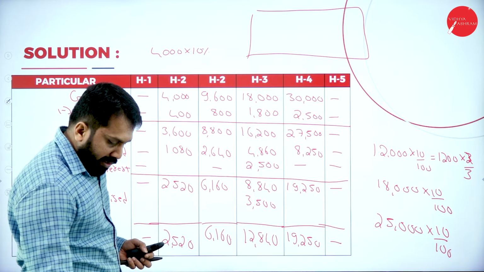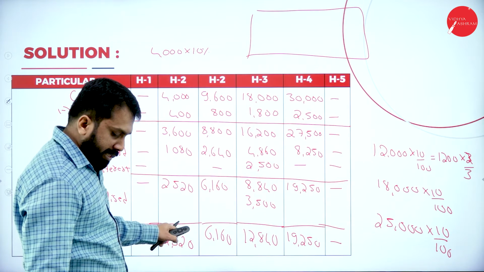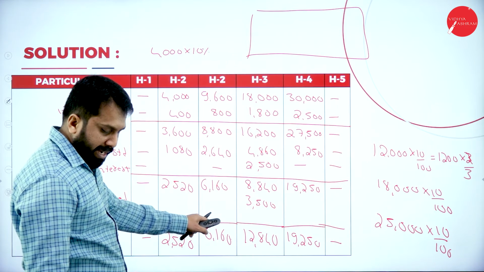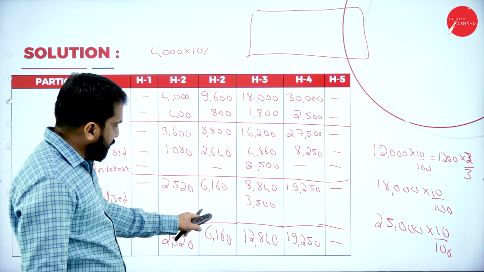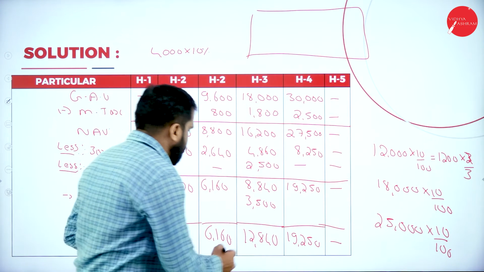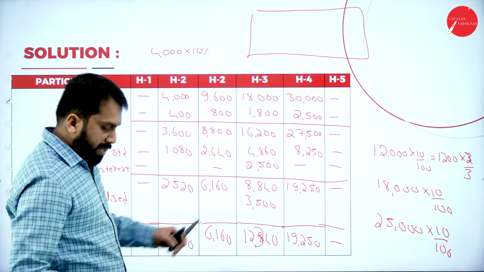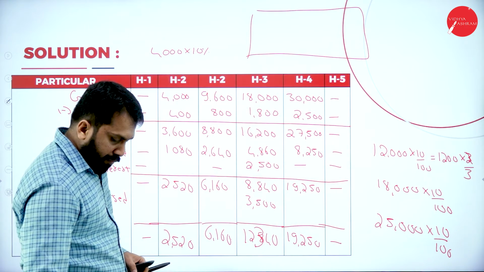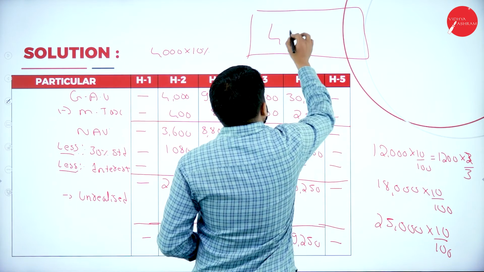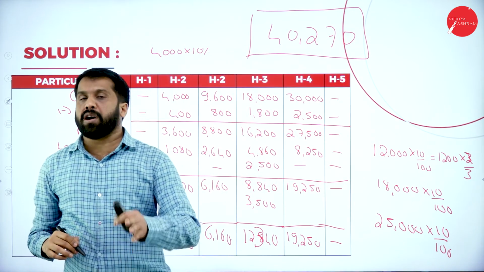So it will be how much? 2,520 plus 6,160 plus 12,340 plus 19,250. I get 40,270. This will be your answer.